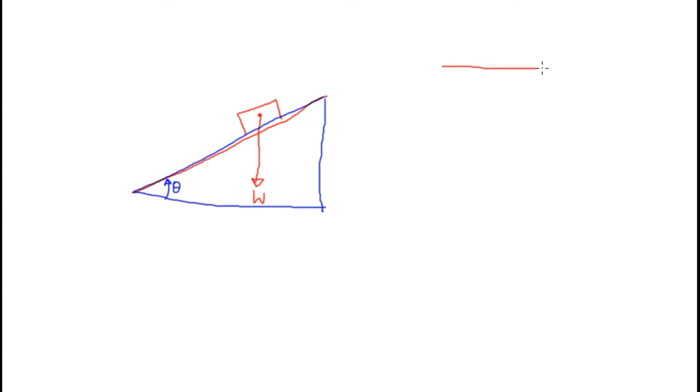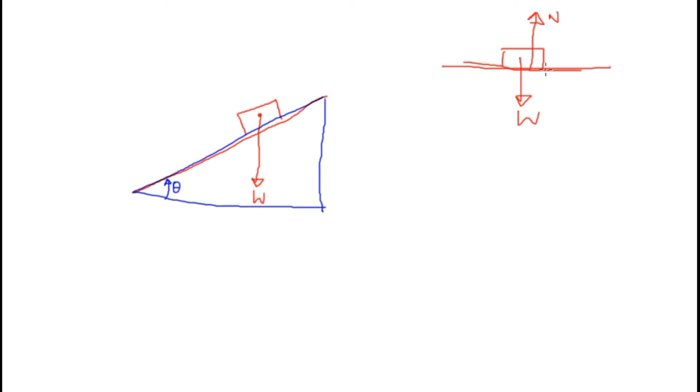Now let's say I place an object on this surface. This object will exert its weight vertically downwards, and this surface will also exert an equal amount of force on the object but in the opposite direction, which is called the normal reaction. But this normal reaction is not always vertically upward; it is always perpendicular to the surface in contact.